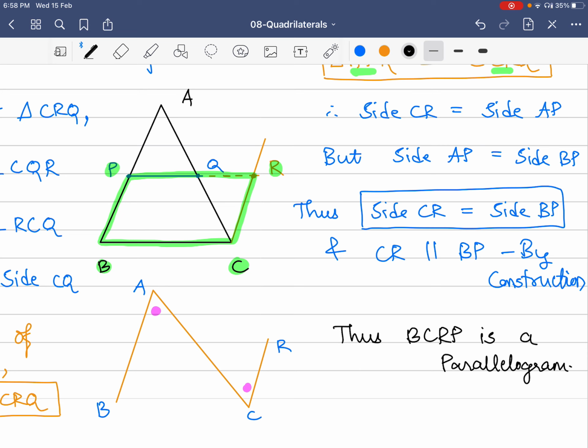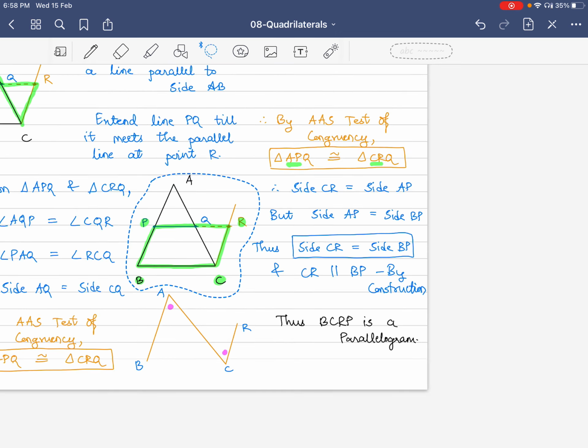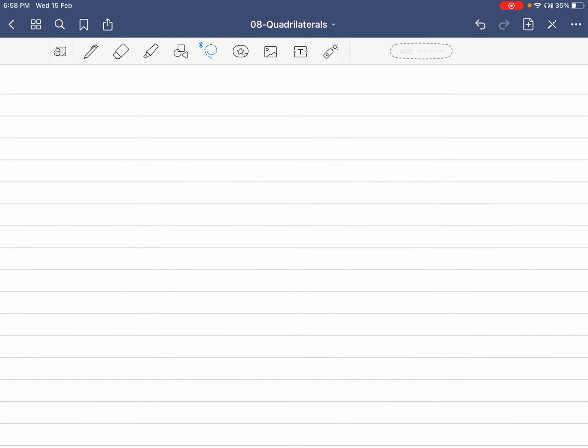That's an important conclusion that we have come to, that BCRP is a parallelogram. Now once again, let's create a copy of this so that I get space. Copy. So let's come to a new page.